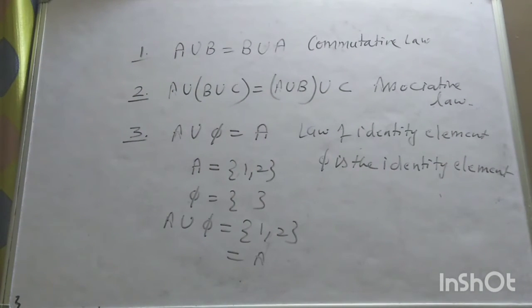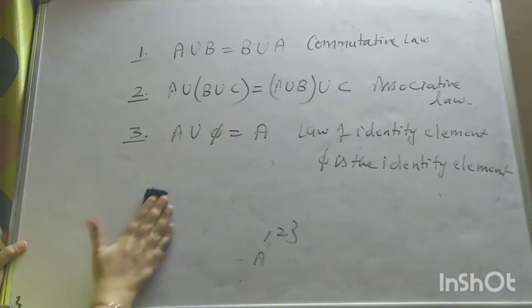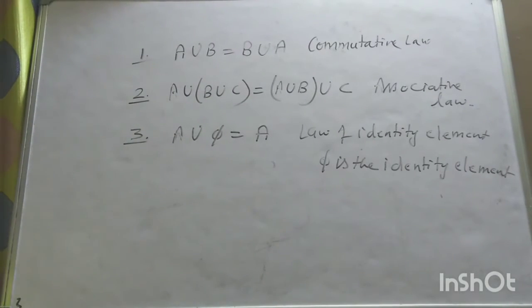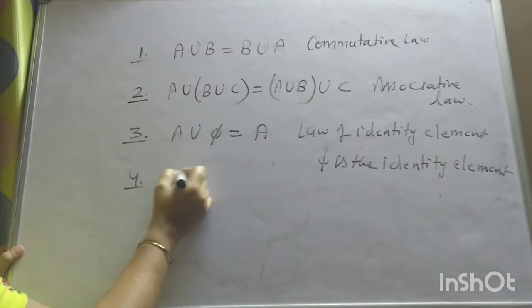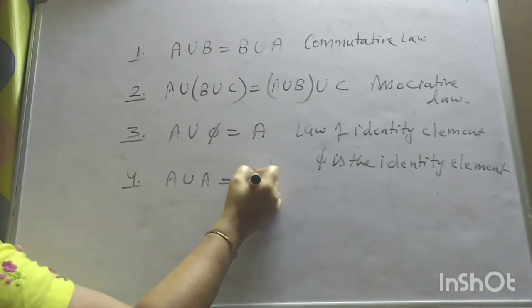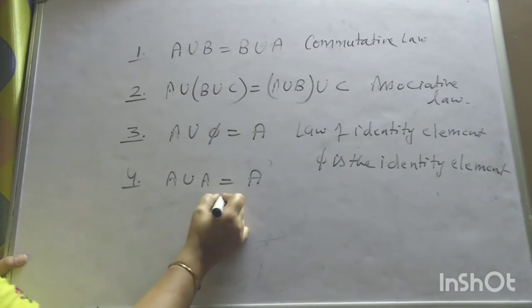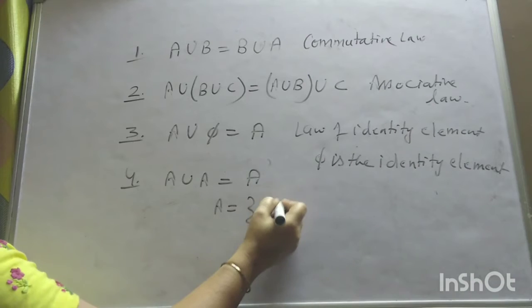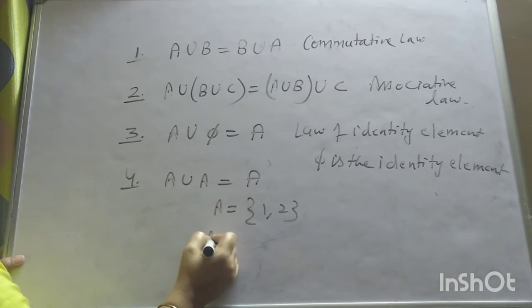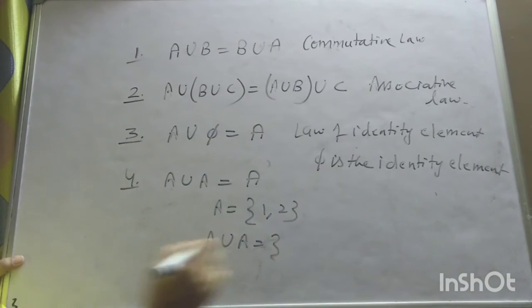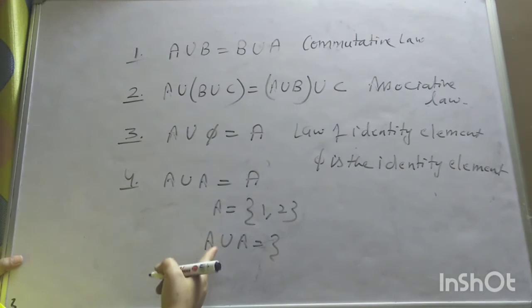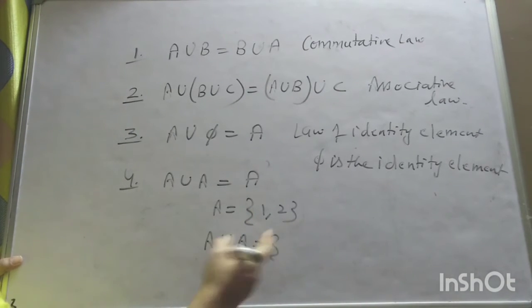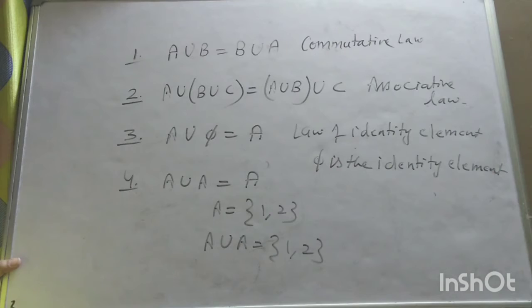Now next law is A union A is equal to A. If set A is 1, 2, then A union A means we have to write the elements of A, and again A, it means 1, 2.